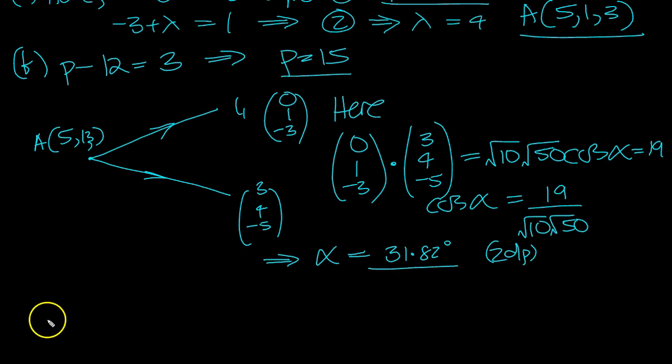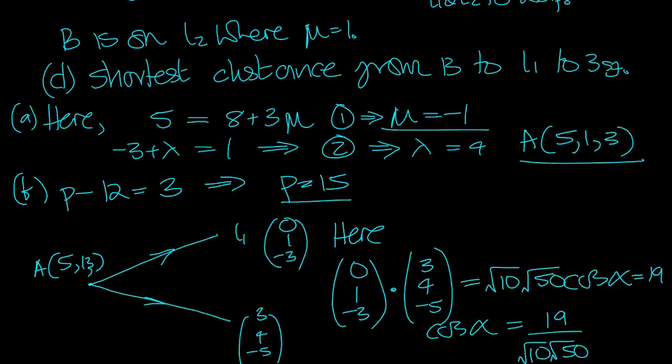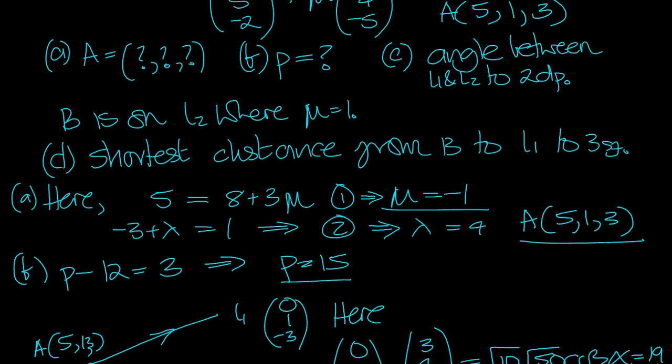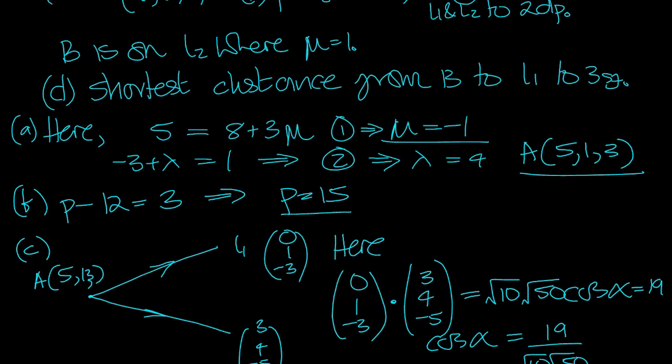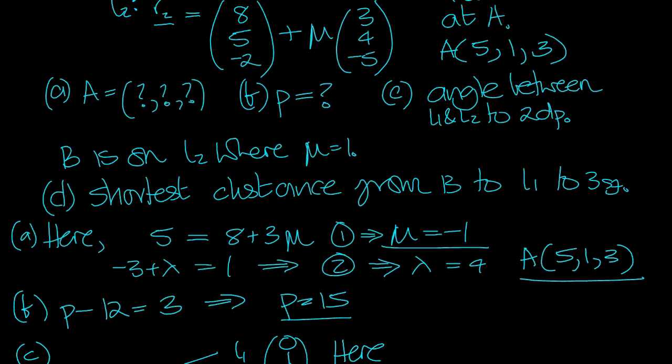Okay, part C then. Let's have a look at the question. We've done part C, that's the angle. And then D, distance from the point B, which is on L2 where mu is 1.